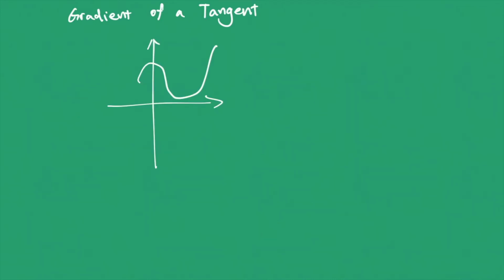As we know, a tangent is a line that touches one point of a curve, whereas a secant is a line that touches two points of a curve. And that is a secant. That is a tangent.